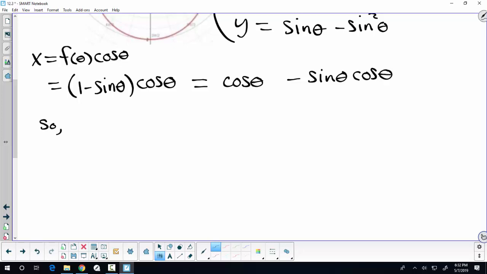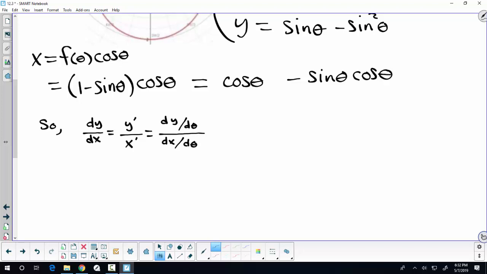All right, so then our dy over dx, which is really just y prime over x prime with respect to theta. So I think I'll just write this one more time. The derivative of y with respect to theta over the derivative of x with respect to theta.